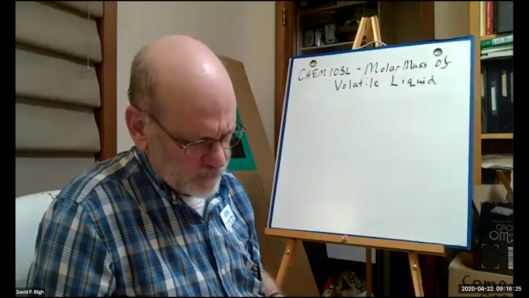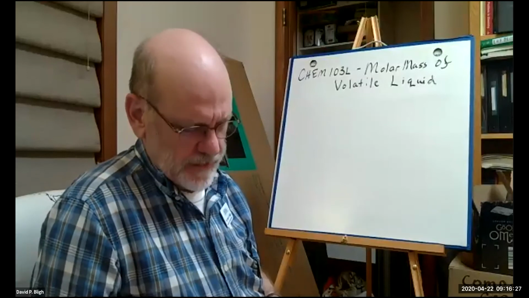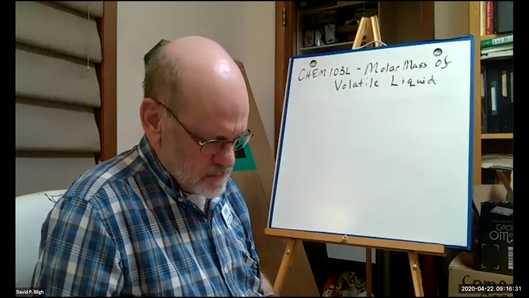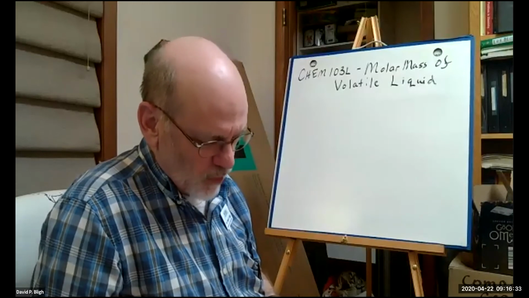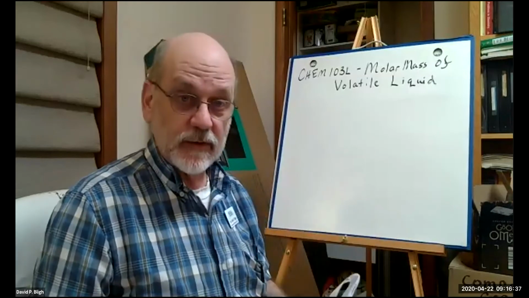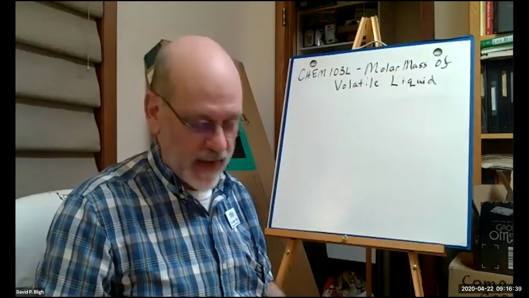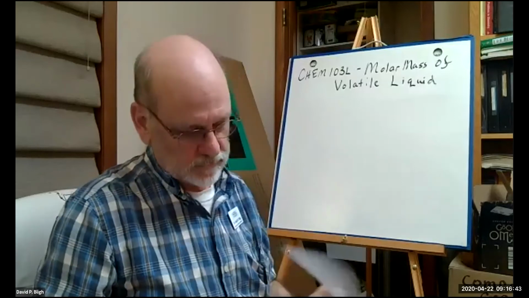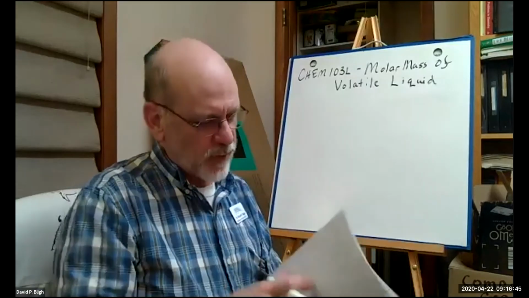Post-lab number 4 is another exercise in calculating the molar mass and then picking out the volatile liquid that belongs to that molar mass. So you're still going to use that table. Those are post-lab questions.